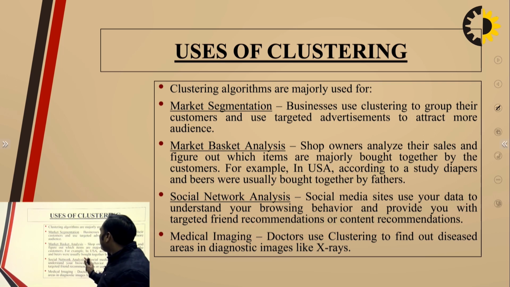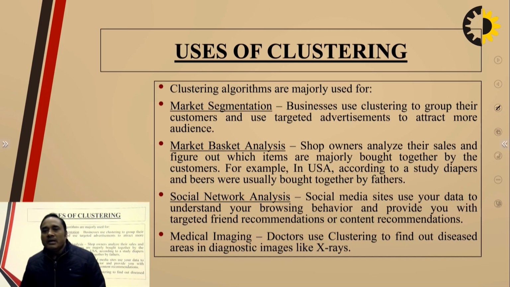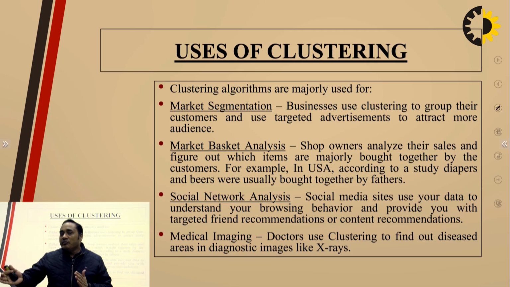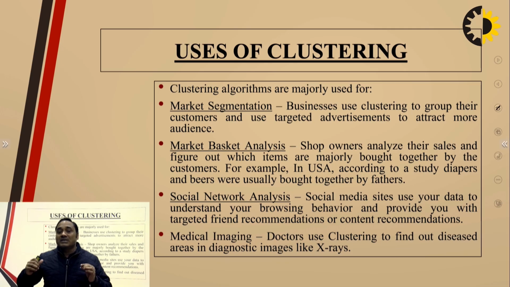Market basket analysis. Shop owners analyze their sales and figure out which items are majorly bought together by the customer. Sometimes a customer reaches the shop and buys the product. At the end of the month, we calculate which item sells the most.